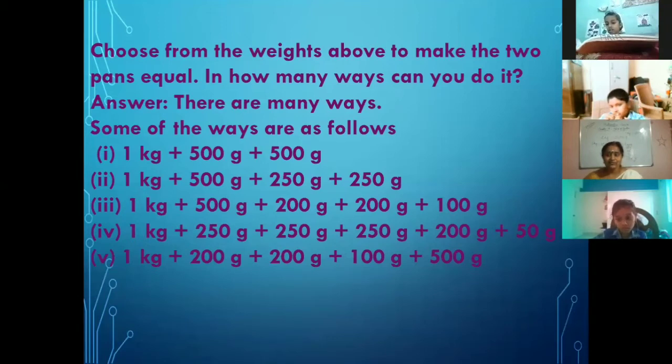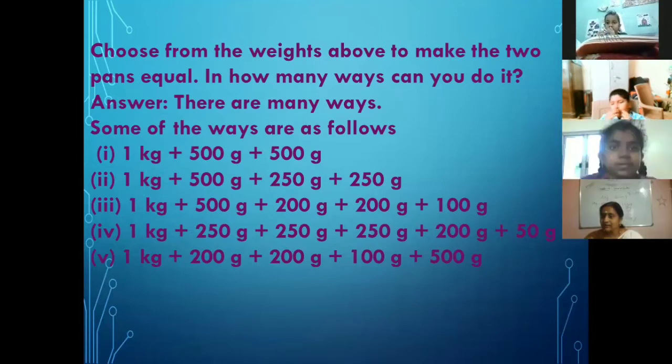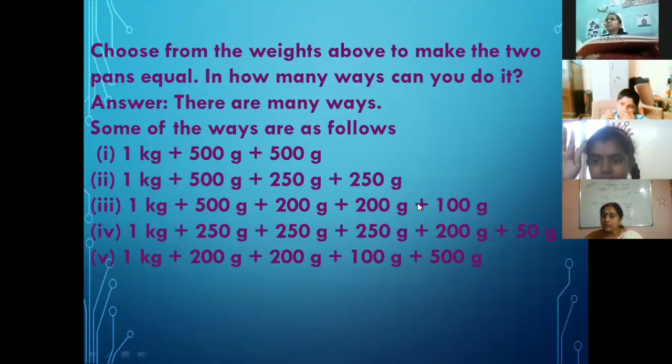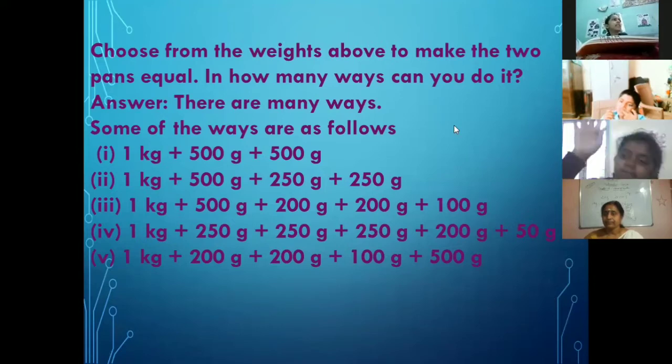For 8, how many ways can you add two numbers? 1 plus 8, 2 plus 6, 5 plus 3. Like that you get it. Yes, ma'am, the activity, I remember. So like that, 2000 grams can also be written in all these ways.